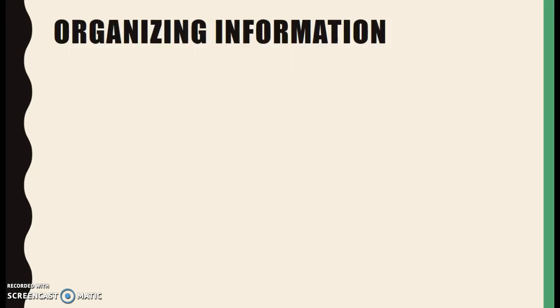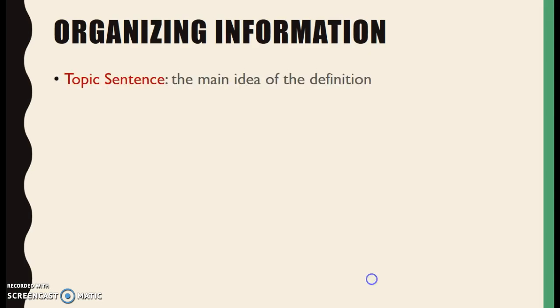So how do we do it? How do we organize the information of what we call a defining term? In a paragraph format, like any paragraph, we always start with the topic sentence, and it's the main idea of the definition. Basically, it's a statement or a sentence that says, a marshmallow is, a doctor is, and explains what it is.